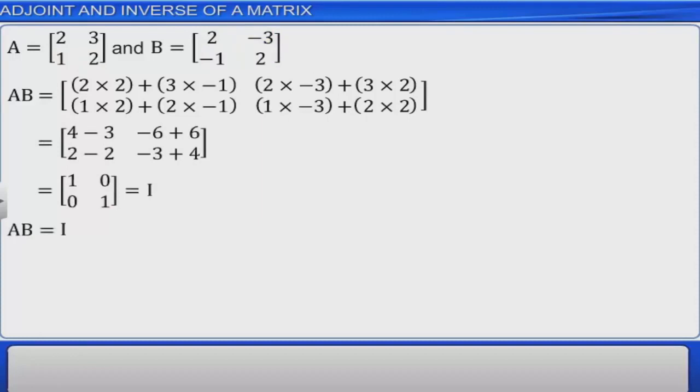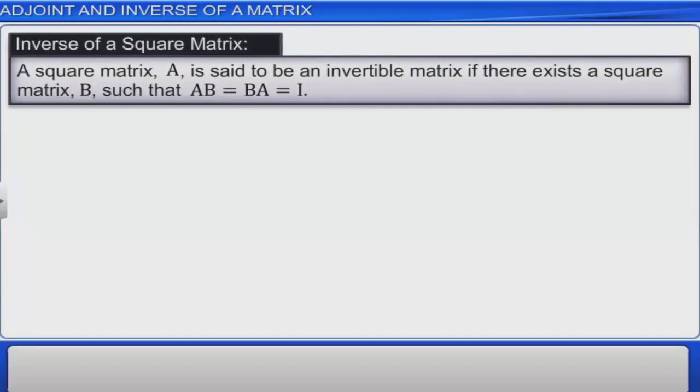That means matrix B is the inverse of matrix A, and vice versa. Such a matrix A is said to be an invertible matrix. Mathematically, a square matrix A is said to be an invertible matrix if there exists a square matrix B, such that A into B is equal to B into A is equal to the identity matrix.